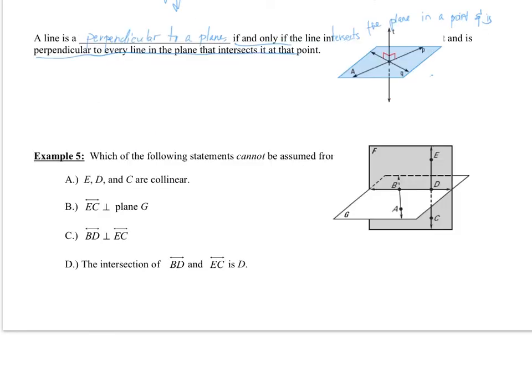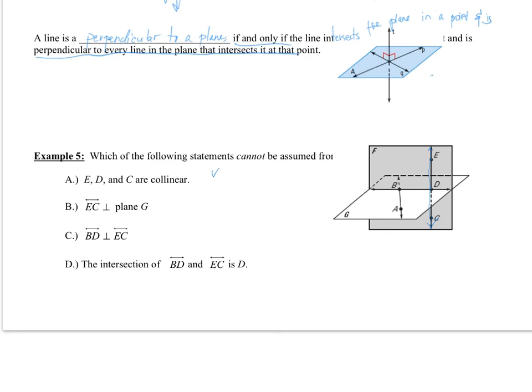Now let's quickly do example 5 here. Which of the following statements cannot be assumed from the diagram? Look at A. E, D, and C are collinear. We can assume that because they lie on the same line. And let's look at part B. Line EC is perpendicular to plane G. We cannot assume that because there's no symbol.